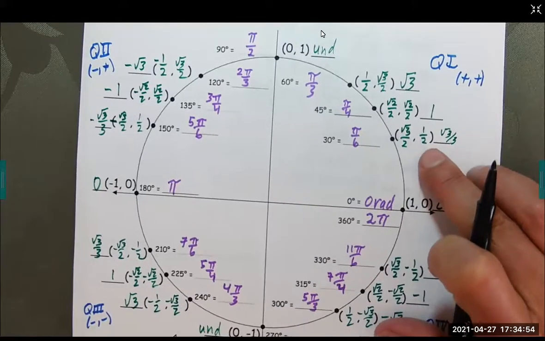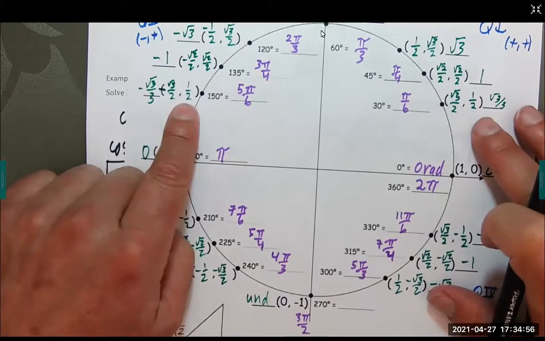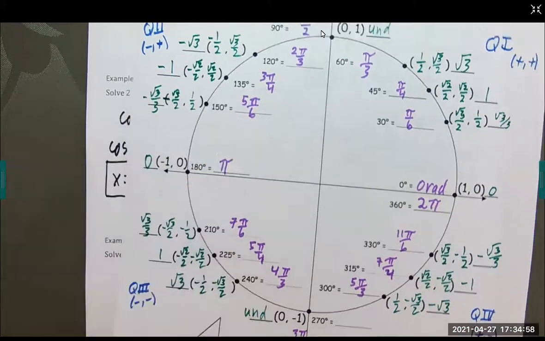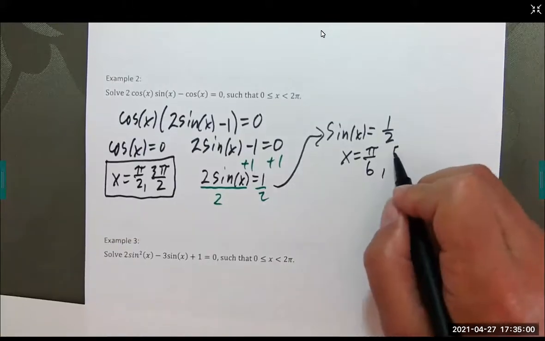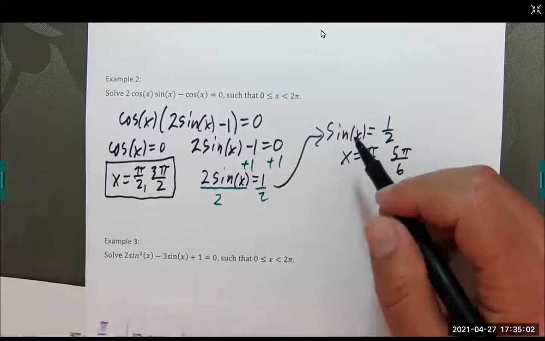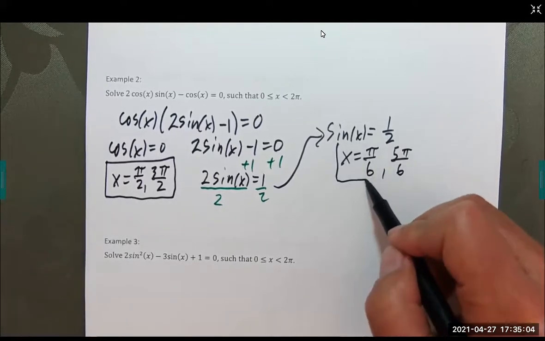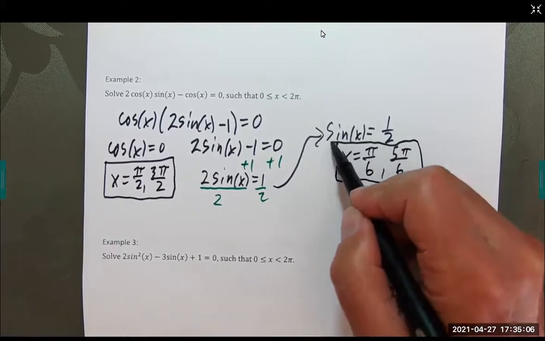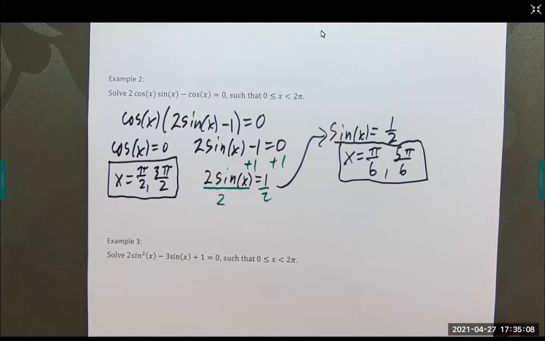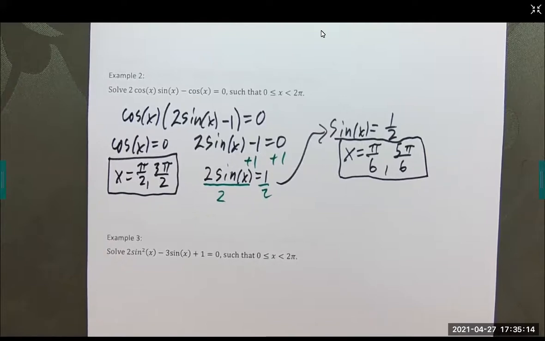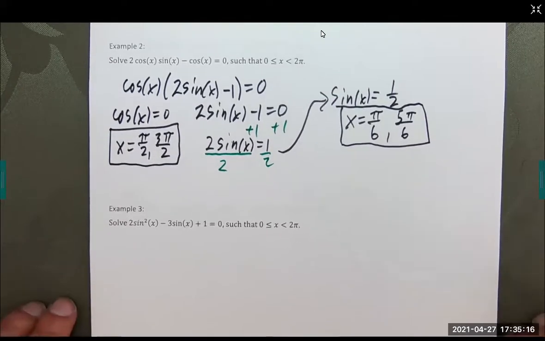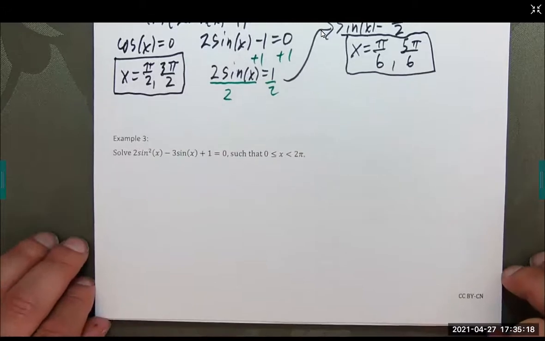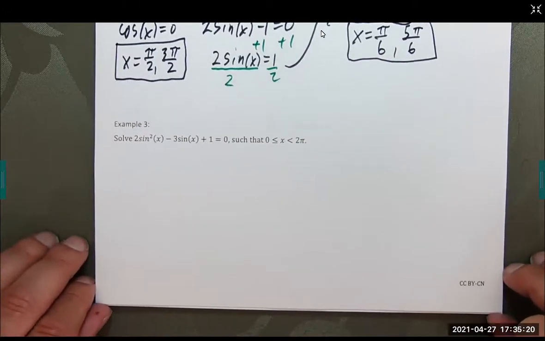In quadrant 2, I'm over here, 5 pi over 6. So this one has 4 answers, just like the previous one. So you're really going to want to have that unit circle with you as you're doing your homework.